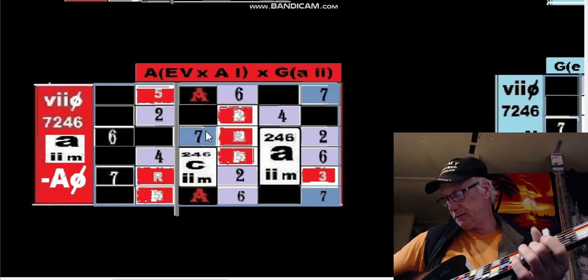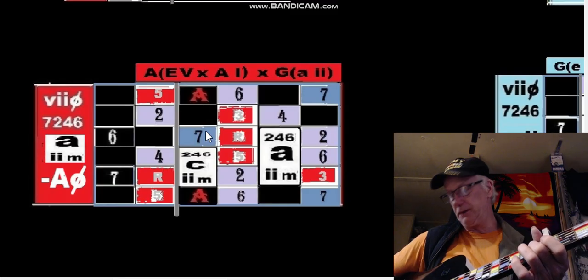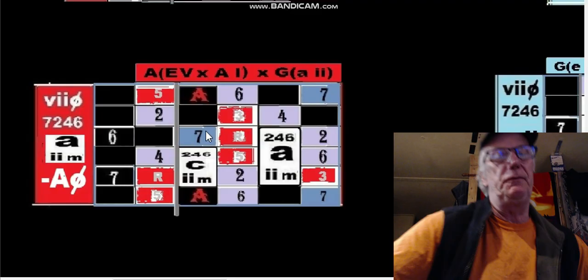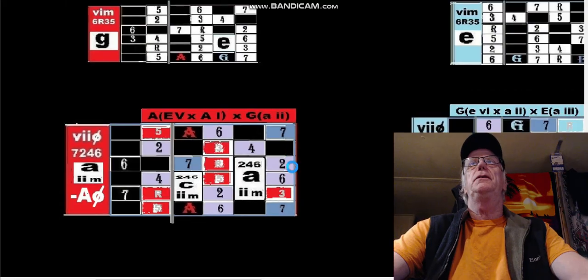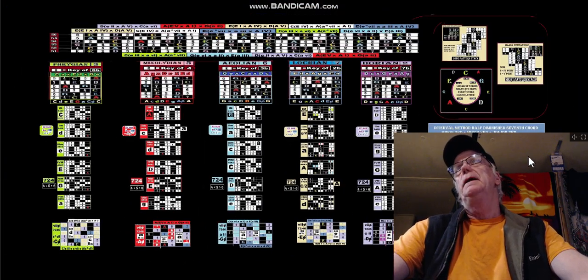Right there is your G sharp diminished triad. So we're going to focus in on different ways to play the half diminished chord.